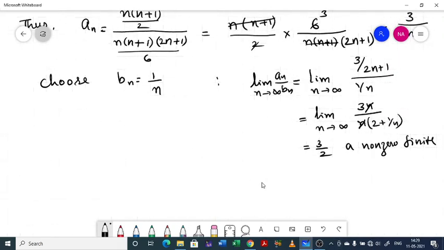So summation an and summation bn should converge or diverge together.